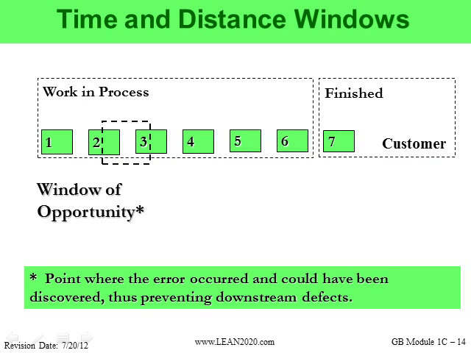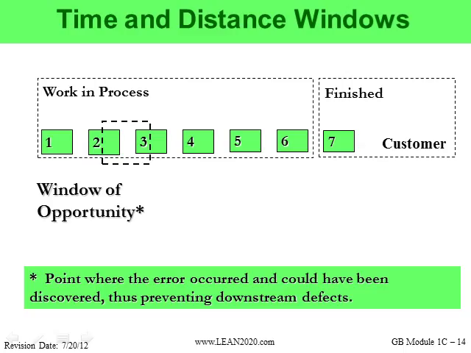So when we do that and say we catch it at the next step, then the window of opportunity here is shrunk significantly. And now if we go back in our process and we say, okay, what other product may be affected by step number 2 going out of control, we don't have to look around too far for our processes.